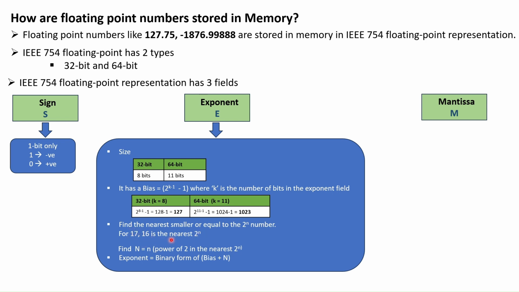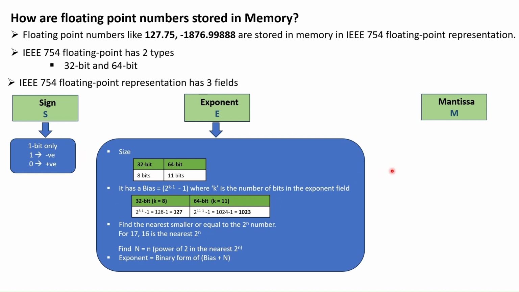We will take that and find n, the power of 2. In the case of 17, the nearest is 16, which is 2 power of 4, so n is 4. The exponent value is the binary form of your bias, either 127 or 1023, plus the n you got. Adding those two, you will get the exponent.